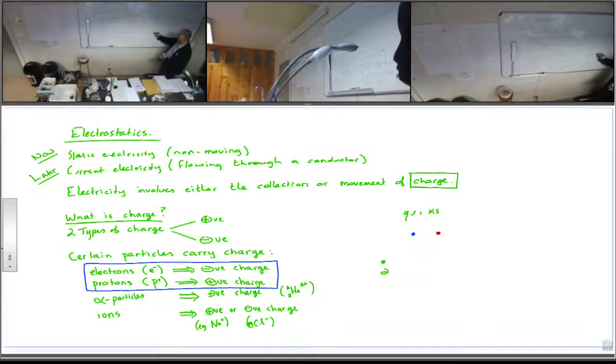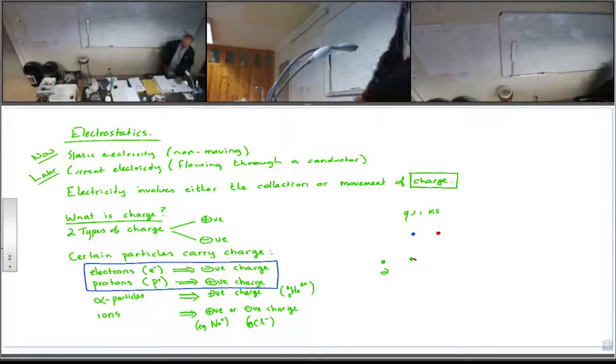Okay. If you took green and red, you got neutral. And what are the remaining two?